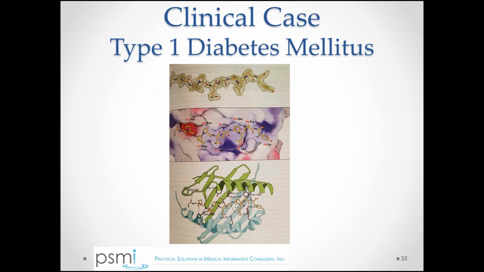And if in fact this gliadin protein happens to be similar to a normal protein found in the body, what's referred to as molecular mimicry, then the antibodies that are produced by that B cell, in addition to being targeted against the gliadin peptide, may also attack the body itself through this process of molecular mimicry.